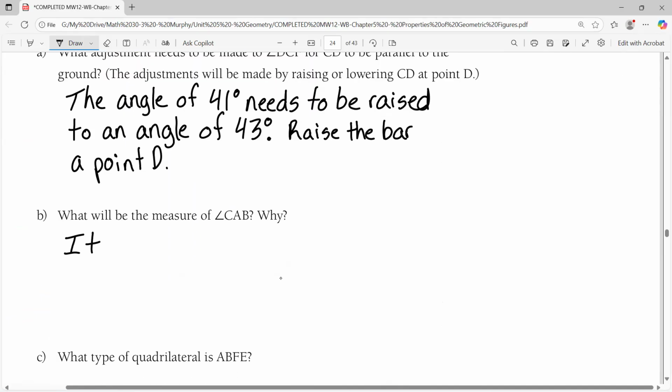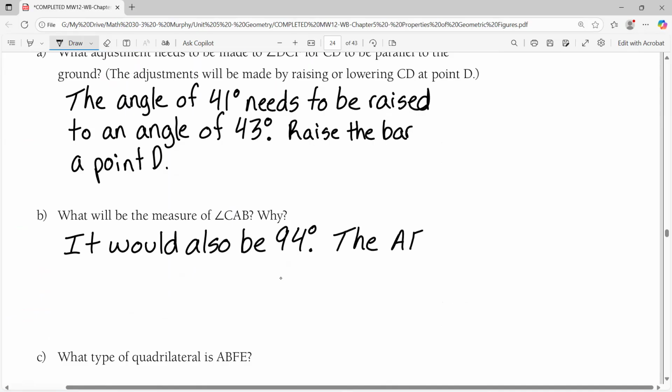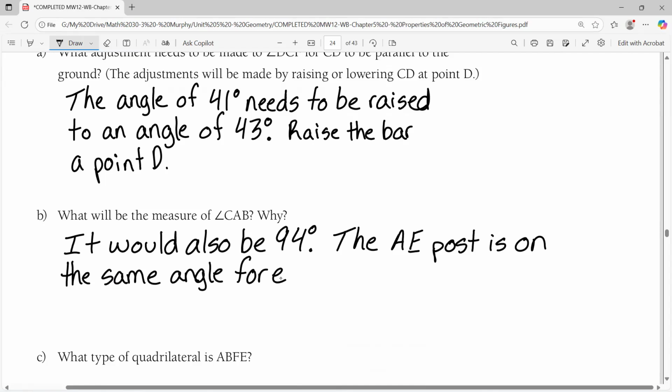It would also be 94 degrees. The A to E post is on the same angle for each section.